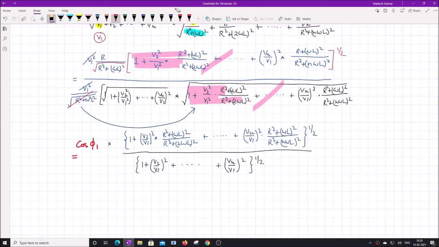So the power factor is equal to cos phi 1 into this whole factor. And if we compare with the previous expression, we can take the cos phi 1 this side into cos phi 1 equal to PF.